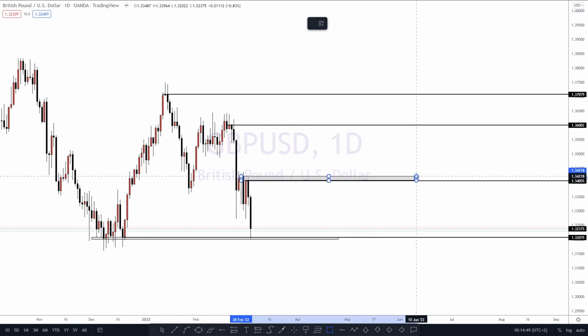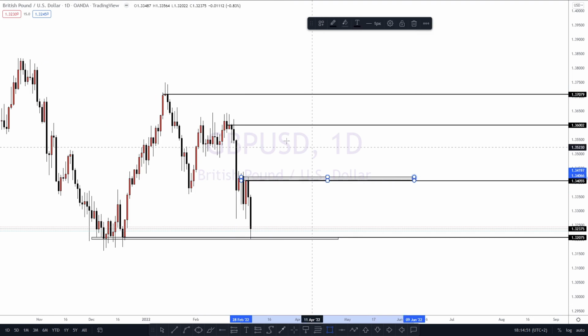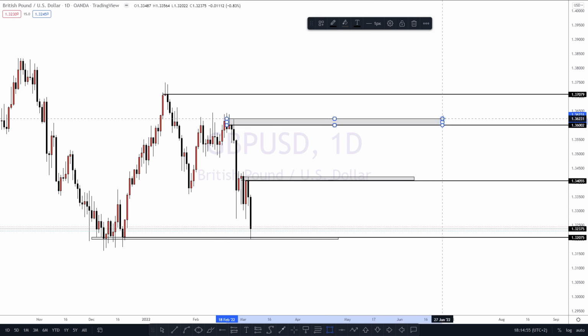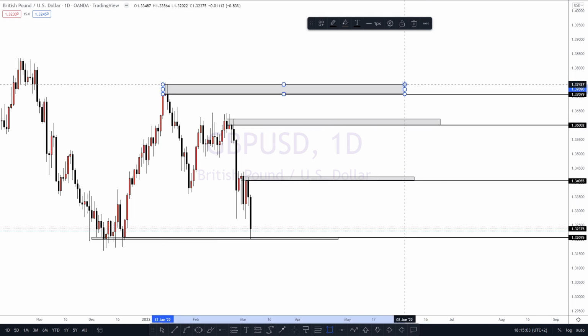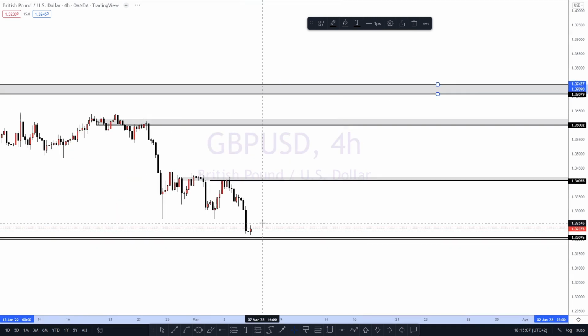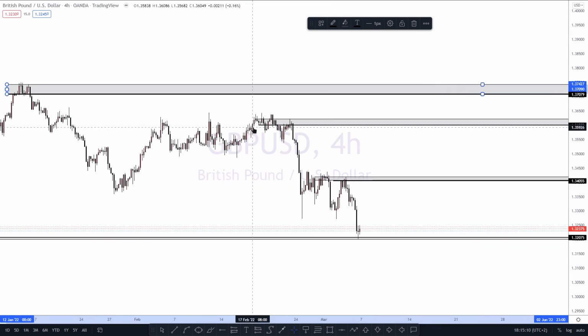Because yeah, I think a moment after NFP, a lot of pairs are just affected, so they will just need to recover before we could see a continuation of the trend. So daily is what we'll currently be looking at, and then on 4 hour we still have these bit of zones.